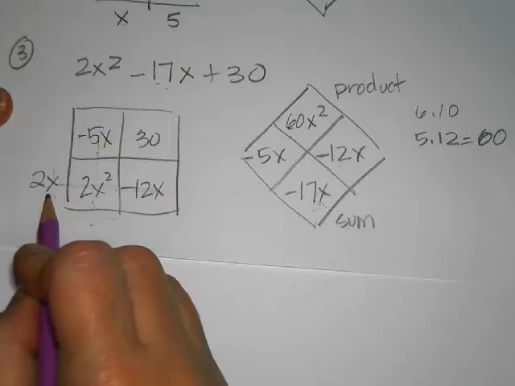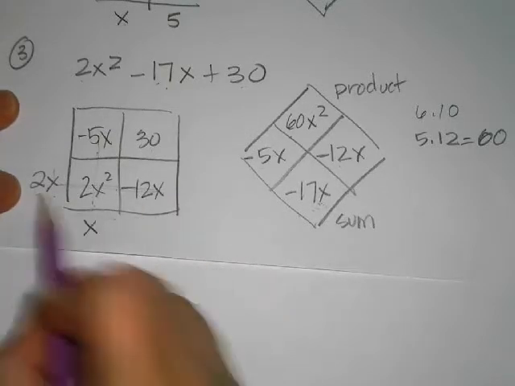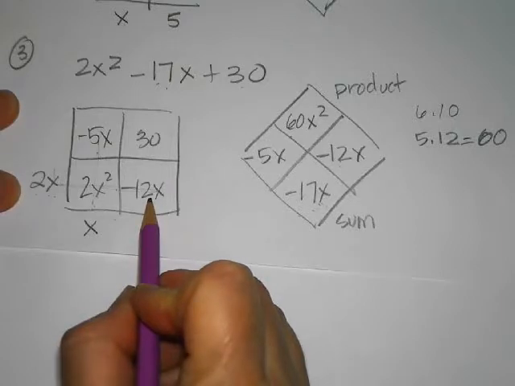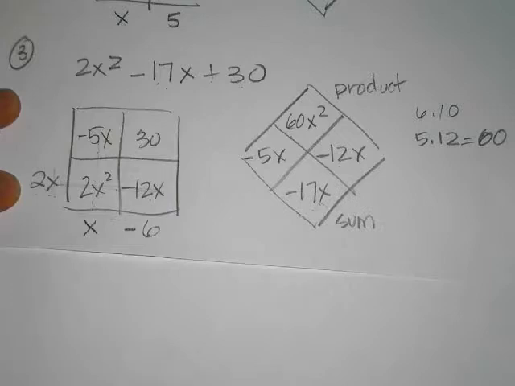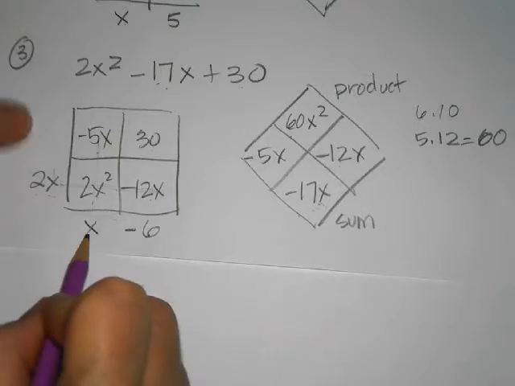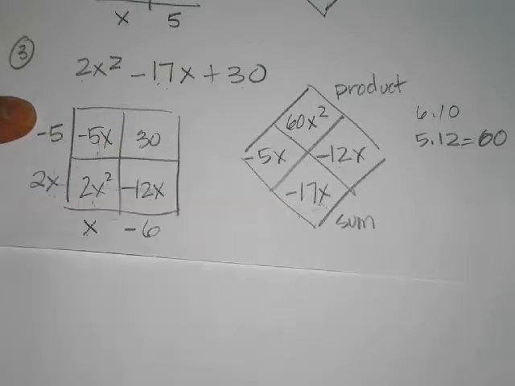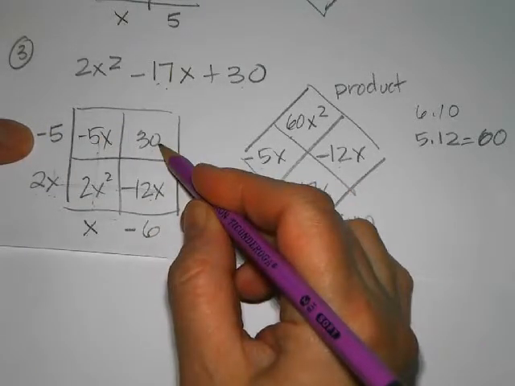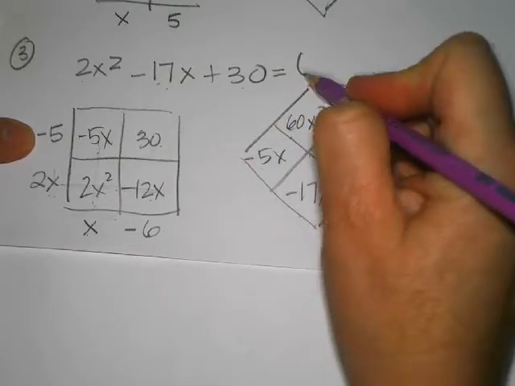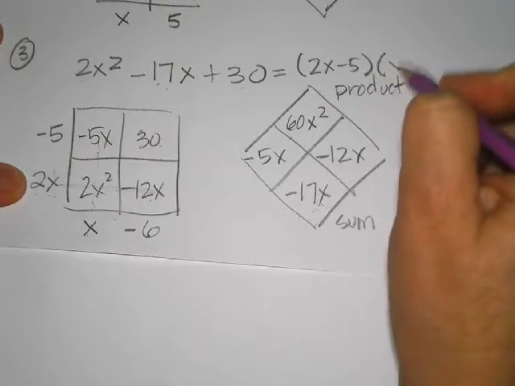So 2x here, x at the bottom. 2x times what is negative 12x? Well, that's going to be a negative 6. X times what is negative 5x? That's got to be a negative 5. And check and see. Negative 5 times negative 6 is positive 30. So this factors into 2x minus 5 and x minus 6.